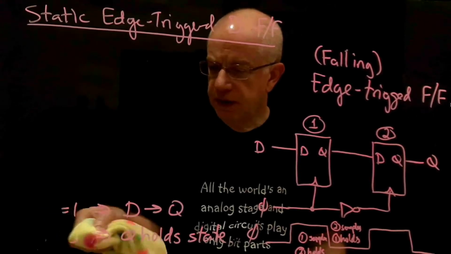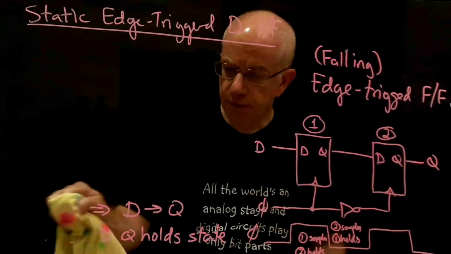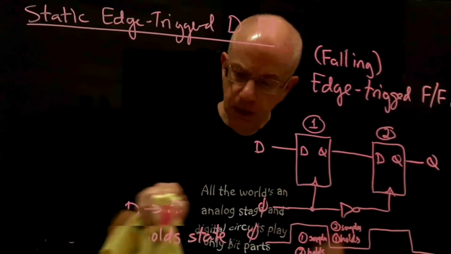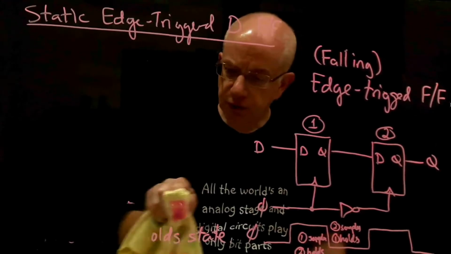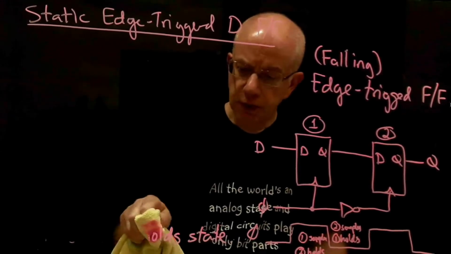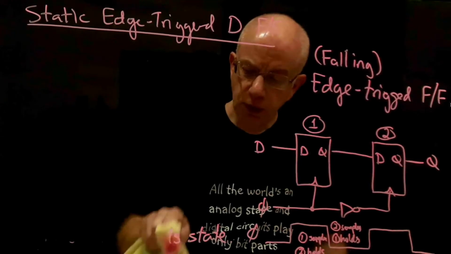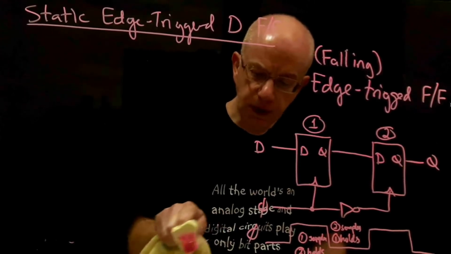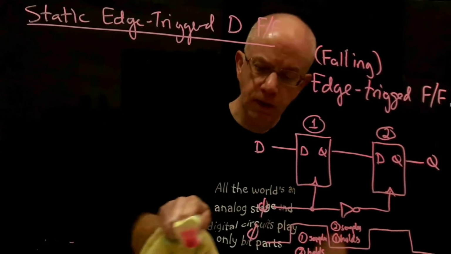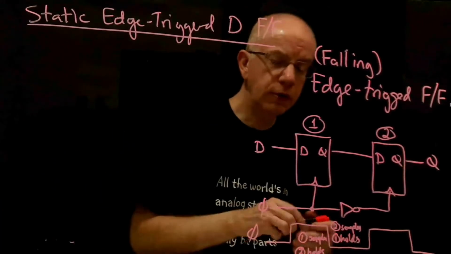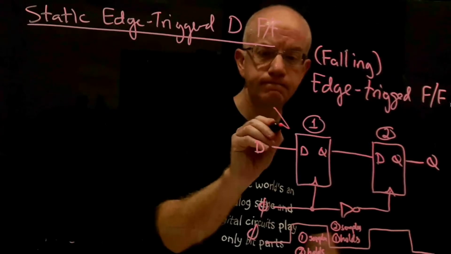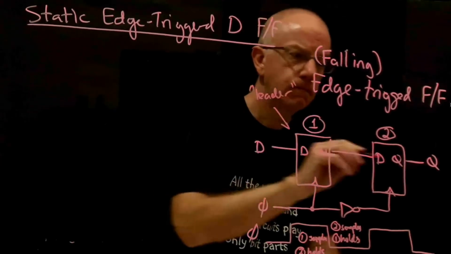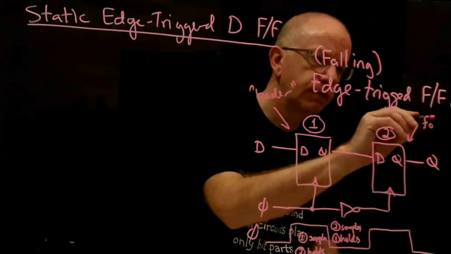We might call this a leader-follower arrangement, where the first latch is the leader and the second latch is the follower. The first latch holds its state for the follower latch to follow, creating a nice stable input for it. So we could call this the leader latch, and this the follower latch.